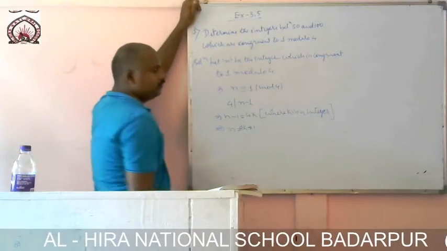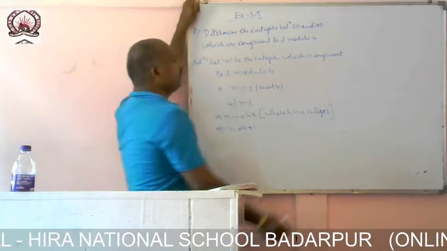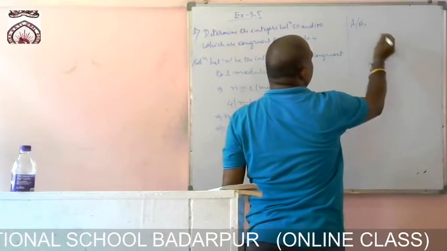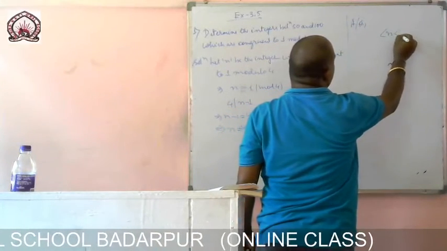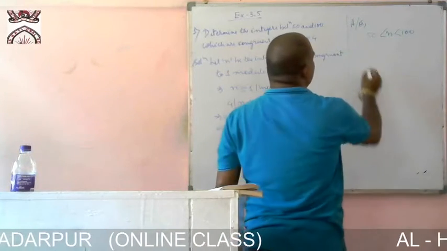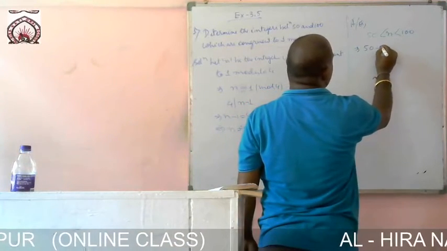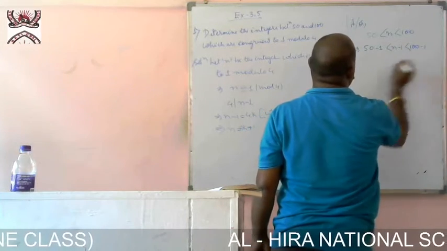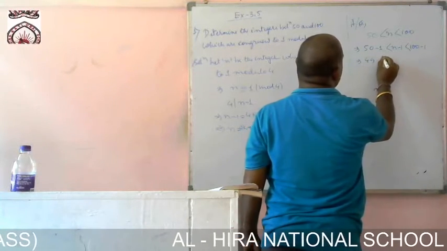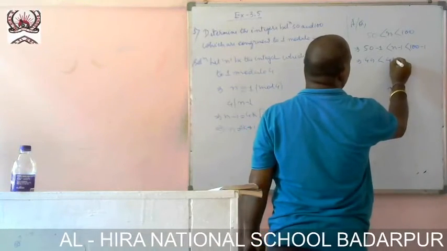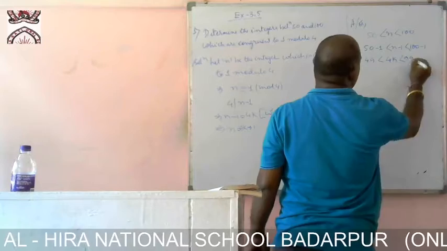Now according to the question, the number should lie between 50 and 100. Now n minus 1 lies between 50 minus 1, that is 49, and 100 minus 1, that is 99. So n minus 1, which is 4k, lies between 49 and 99.